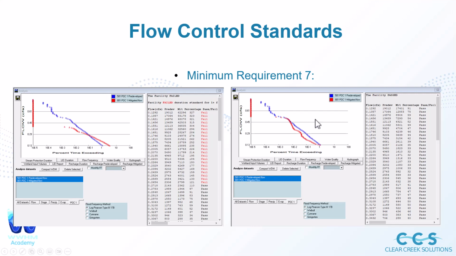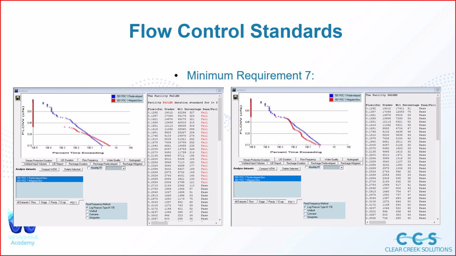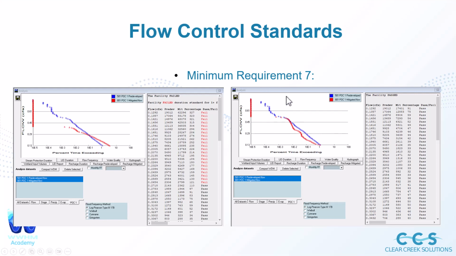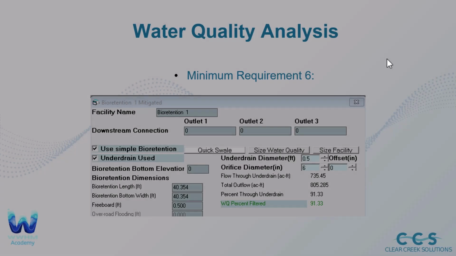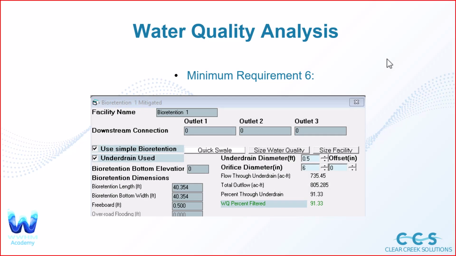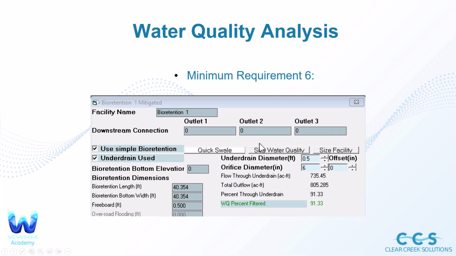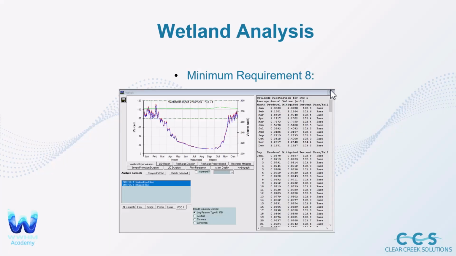And then we see here when we designed a retention facility for that site, the facility now passes because it's able to keep those flows from exceeding too many times. And for minimum requirement number 6, this is a properly modeled bioretention facility where it filters 91% of the water. And then this is an example of a facility that meets the wetland requirement, keeping within plus or minus 15 and showing a pass-fail over there.